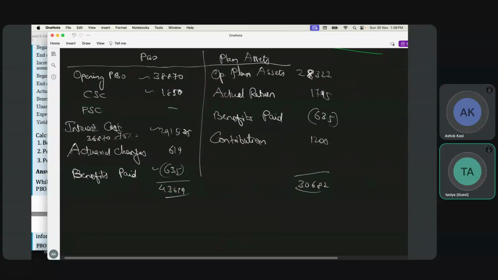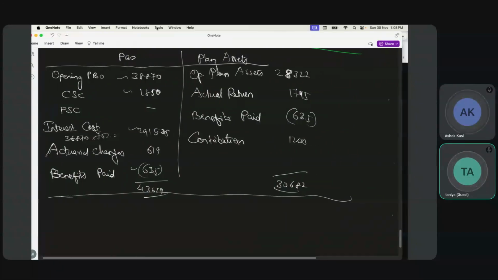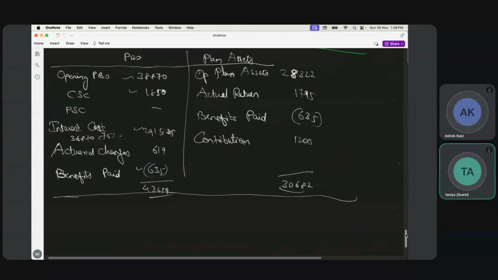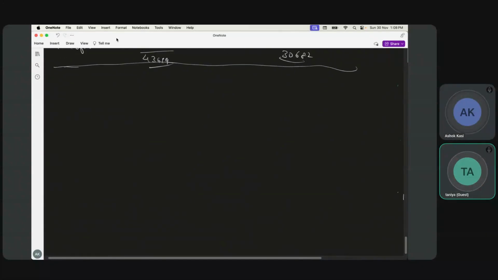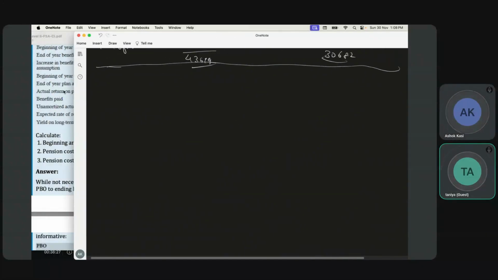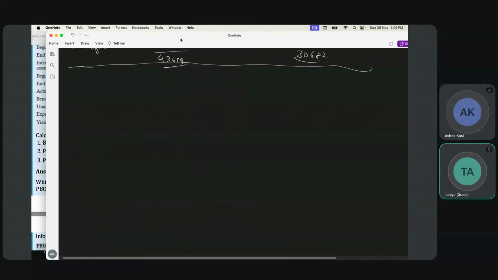Yes, sir, matching. So, sir, past service cost is nothing? Nothing, yes, possible.